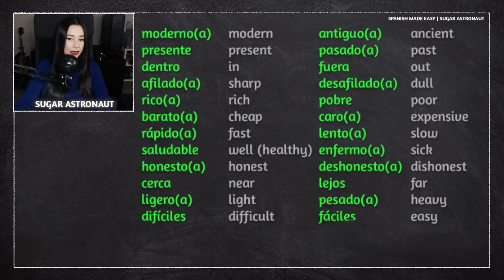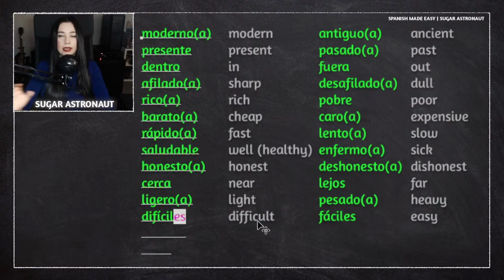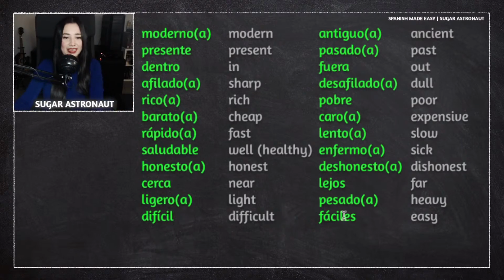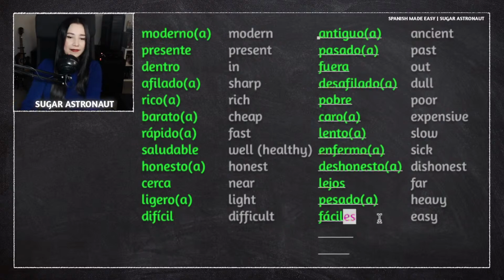Okay, so don't forget about that. It's very important. Usually if you have an adjective that ends in a consonant, you have to add E and then S. Difícil, fácil.